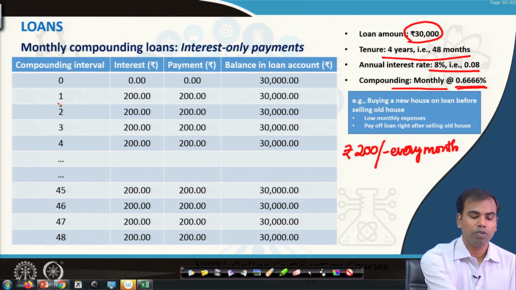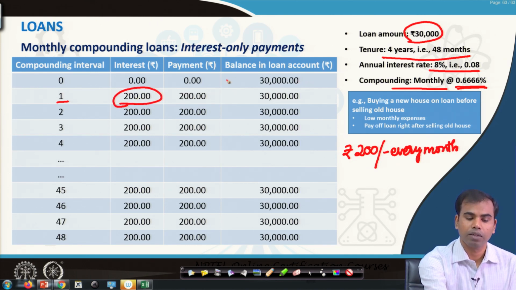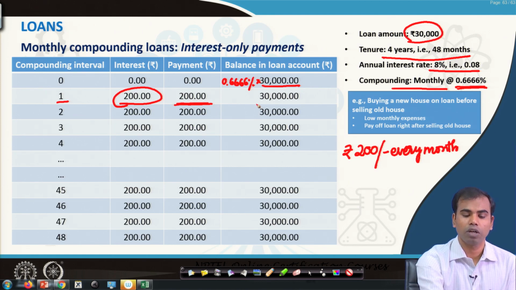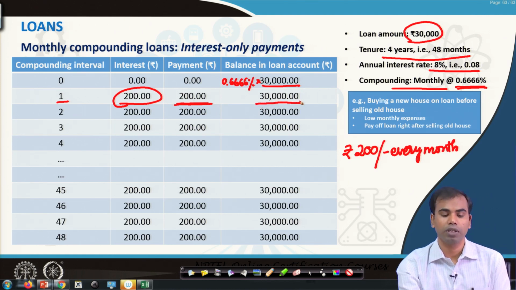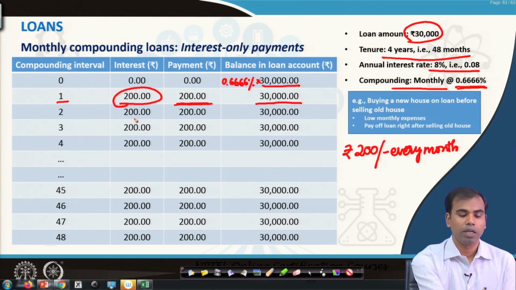So, at the end of the first compounding interval, the interest due is 200 rupees, that is, 0.666% of this amount. So, you pay 200, and that balances out. The amount left at the end of one period is 30,000. Next month, again, interest is calculated at 0.66% on this amount.